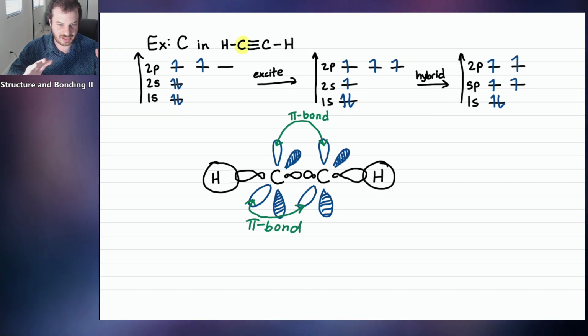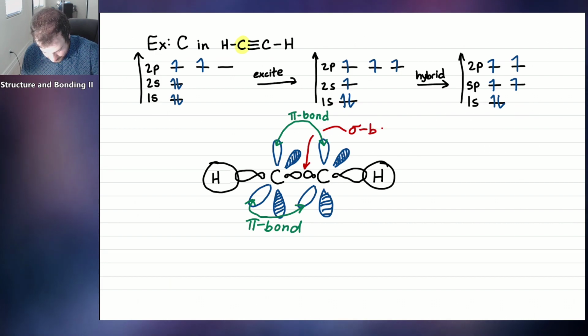So the acetylene molecule has a pi bond going up and down. It also has a pi bond going forward and backward. So 2 pi bonds in acetylene. And then in the middle, connecting the 2 carbons together, we have a sigma bond. So when you look at this triple bond, it's actually 2 different types of bonds. One of these bonds between the carbon and carbon is a sigma bond.